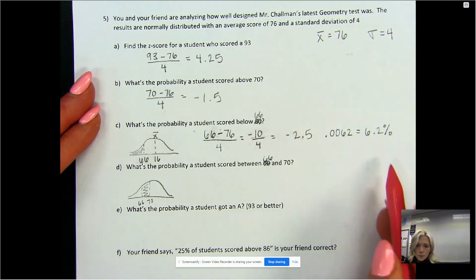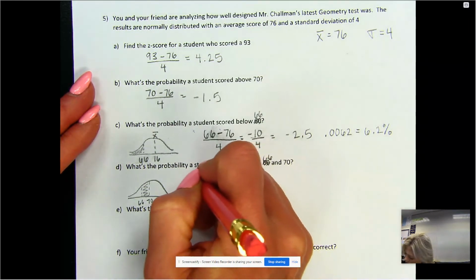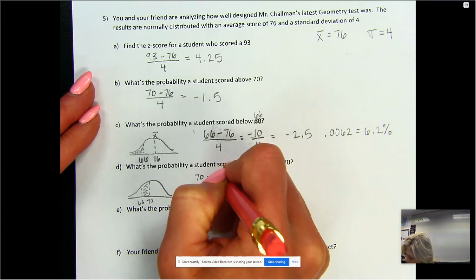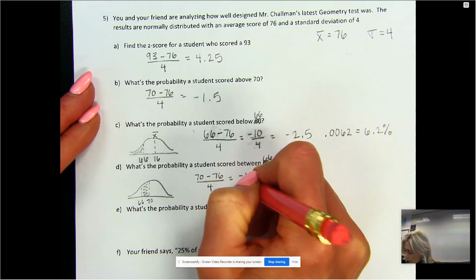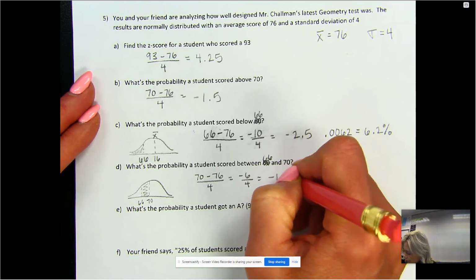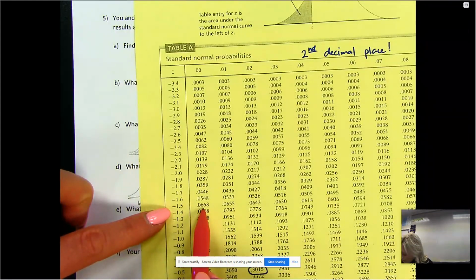Okay, so we have 6.2% for the 66. Now we're going to find it for 70. So 70 minus 76 divided by 4, that's negative 6 divided by 4, which is negative 1.5.